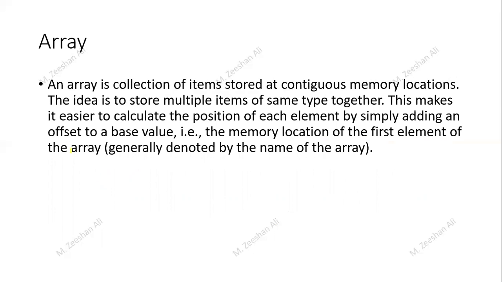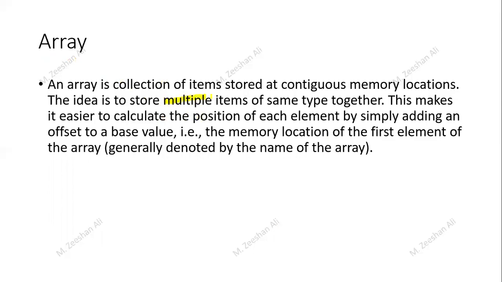Okay, so the array is also a memory location, but what is the difference between array and variables? A variable stores only one value, but array stores multiple items into it.